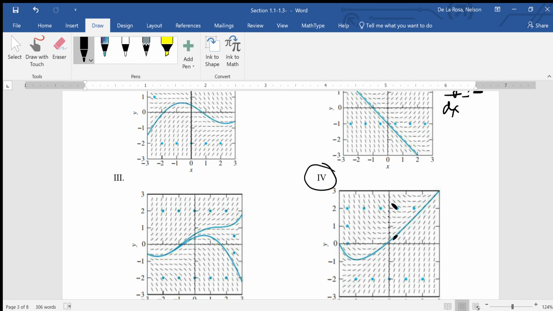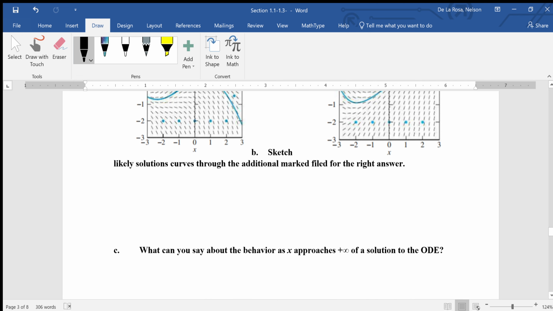That is why it is number 4, because number 4 is the one showing the behavior described by the points we plug in. Again, you can replace any pair you want. The solution is going to be the same.